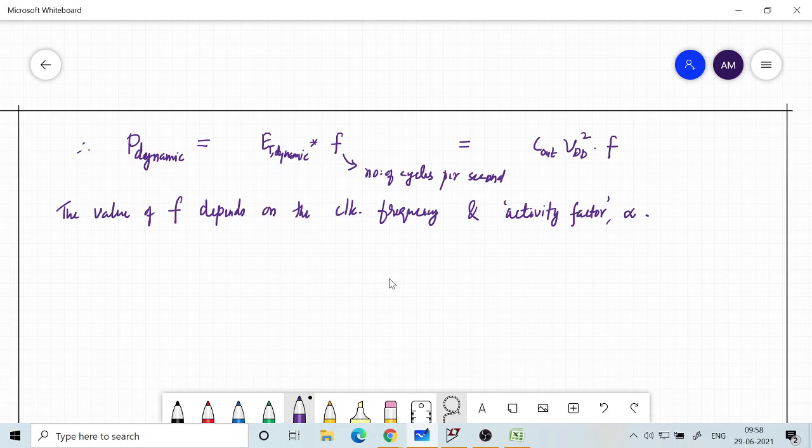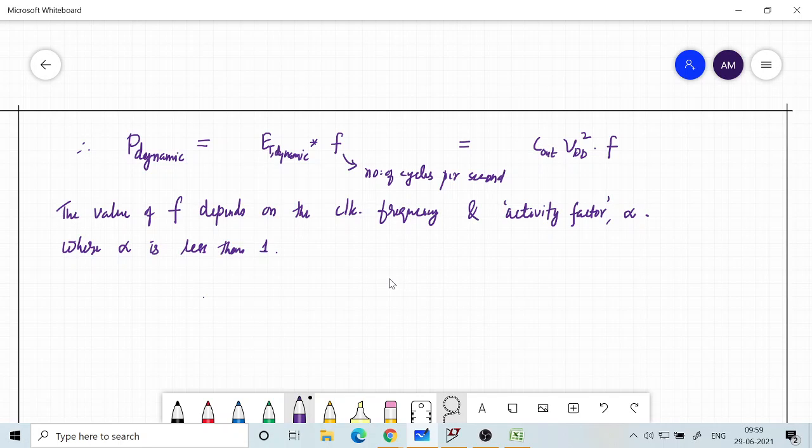If you consider a combinational circuit, there may be many inputs and many outputs, and in between, if you look at any gate input, there may not be changes at the input of every gate during every clock cycle. That's not necessary. So the value of alpha is basically less than 1.